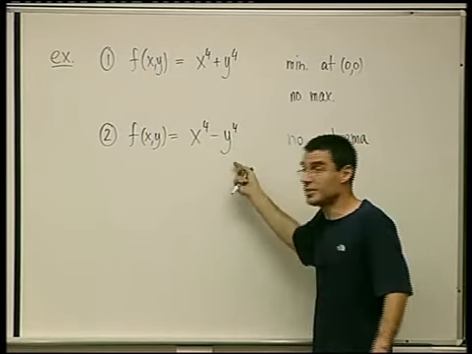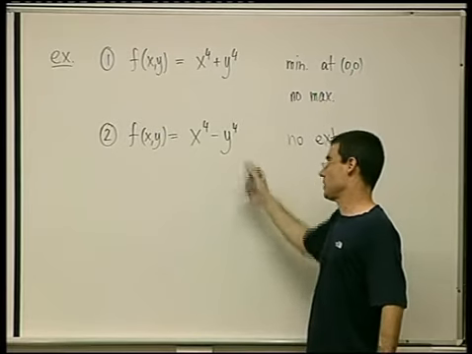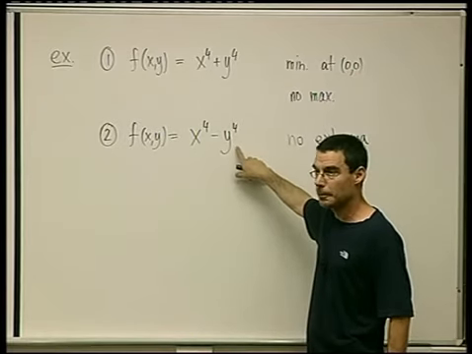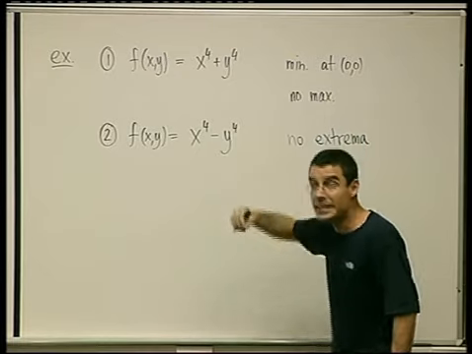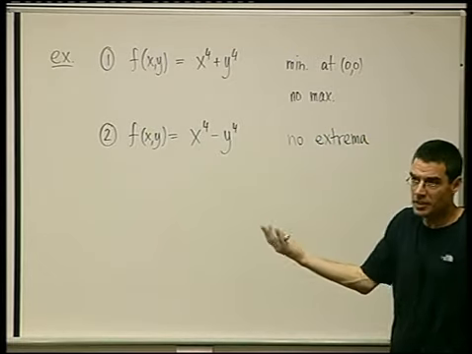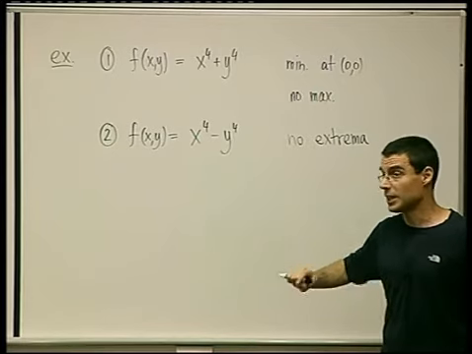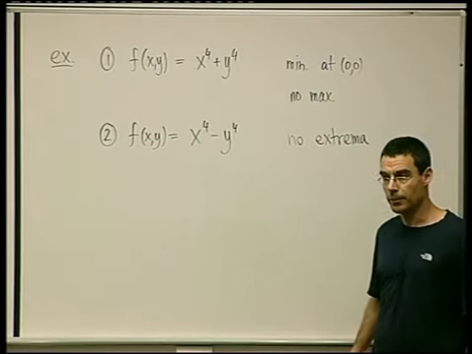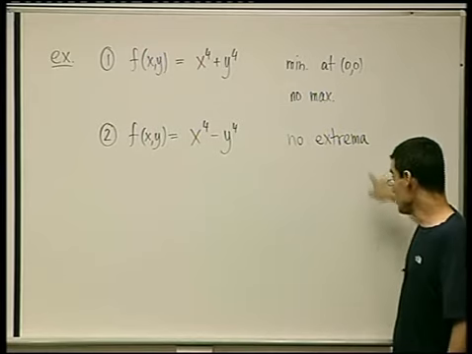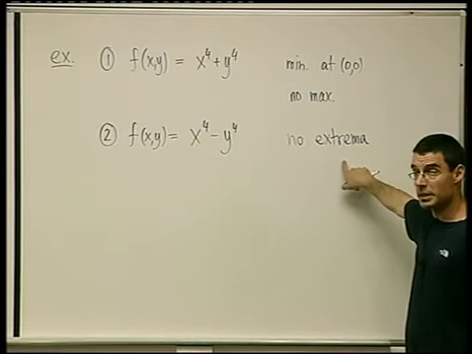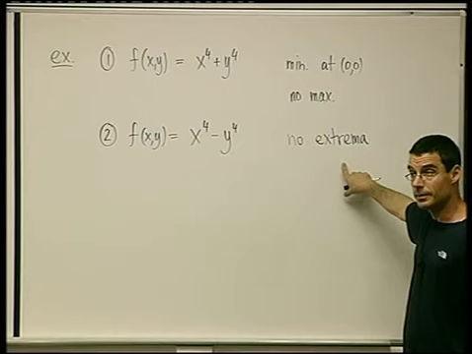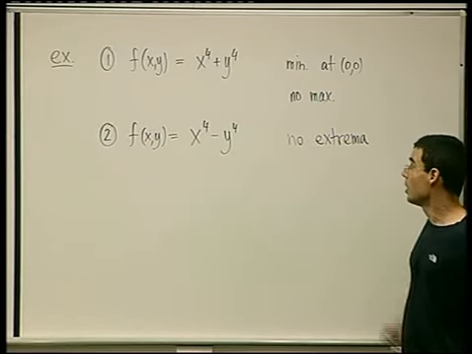If you make y slightly bigger, the value of f is going to get smaller because you're subtracting it. Do you agree? So any candidate for being a minimum or a maximum is not. You move slightly in the x direction, you make it bigger. You move slightly in the y direction, you make it smaller. Do you agree? So that's the reason for no point being an extremal point. Is that clear? Good? Okay.